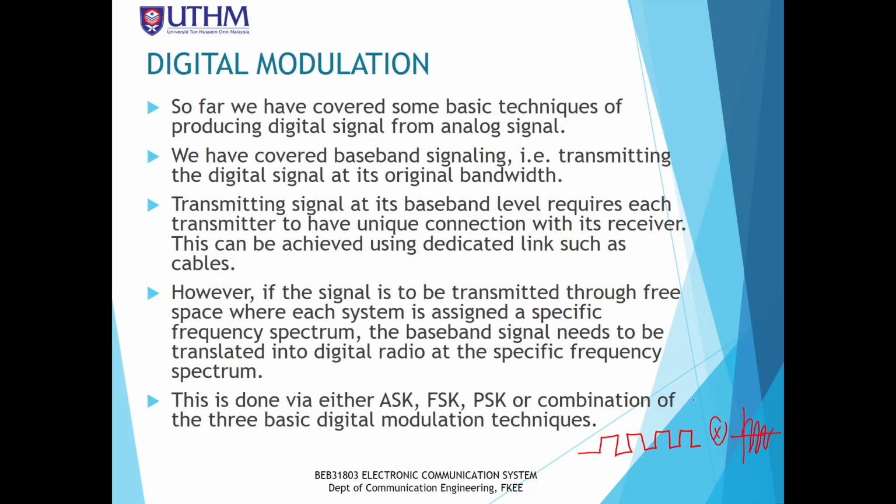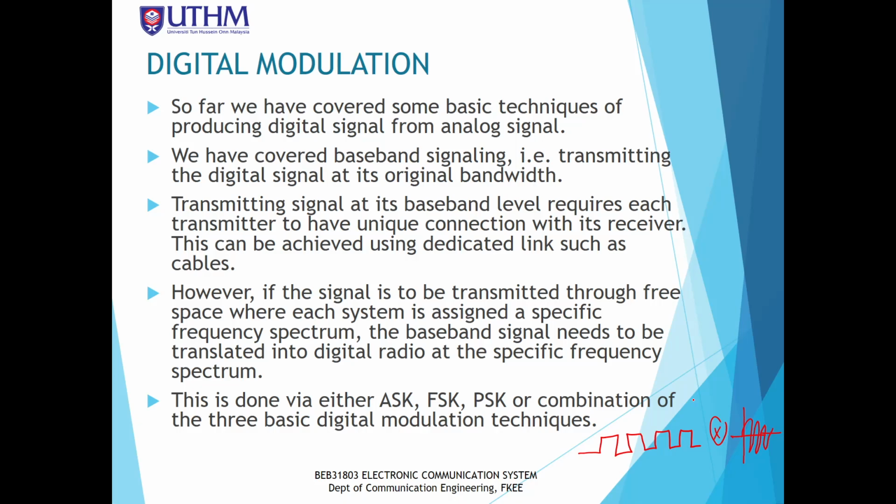Dalam analog, input mempunyai states yang berbeza, infinite, dia tidak tentu, dia ada pelbagai. In digital we only have two possibilities, logic 1 or logic 0. This digital data will change the characteristic of the carrier in terms of amplitude, frequency, or phase.